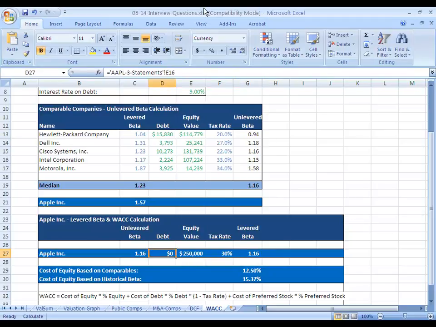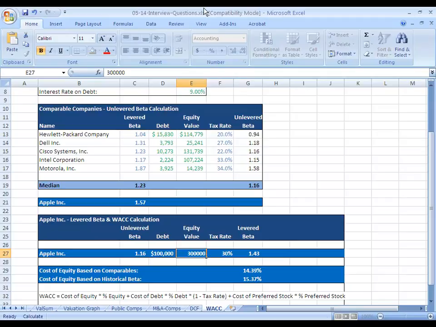This calculation becomes more interesting if we have debt. So let's say that we have 100 billion worth of debt on our balance sheets. Cost of equity here has gone up because of this debt. So the question is, what happens when equity value here also goes up? So let's say equity value goes up to 300 billion. In this case, cost of equity goes down. The reason why it goes down is because with a higher equity value, less risk is imposed by raising 100 billion worth of debt and having it on our balance sheet.